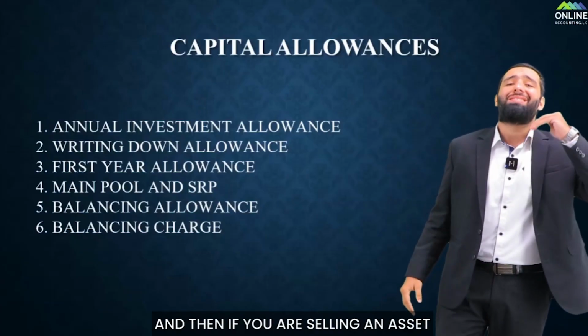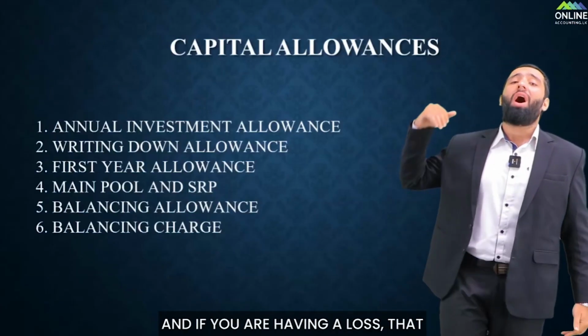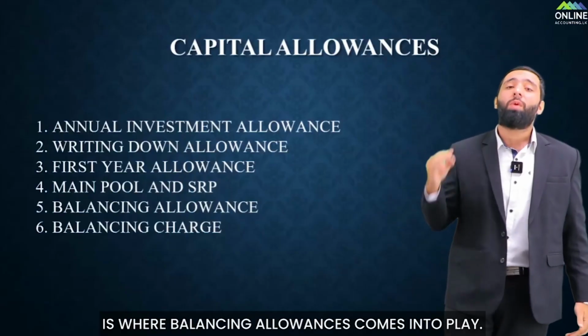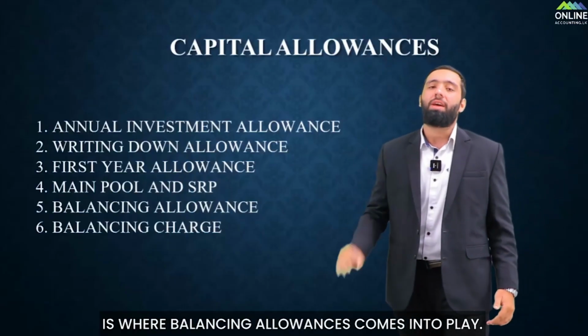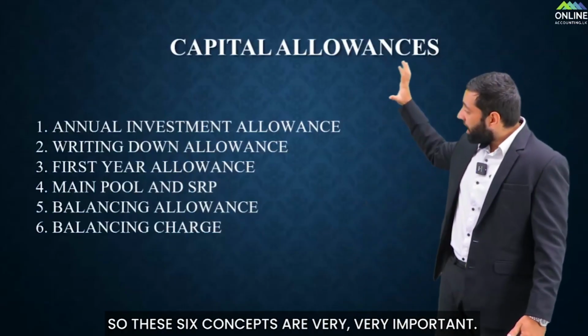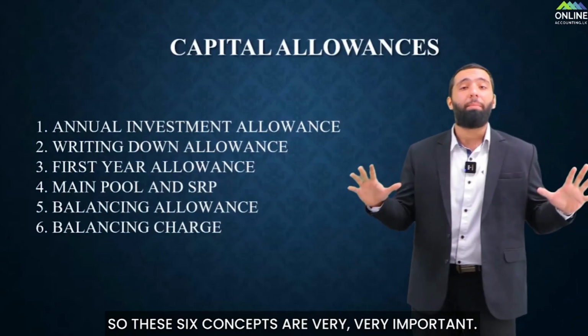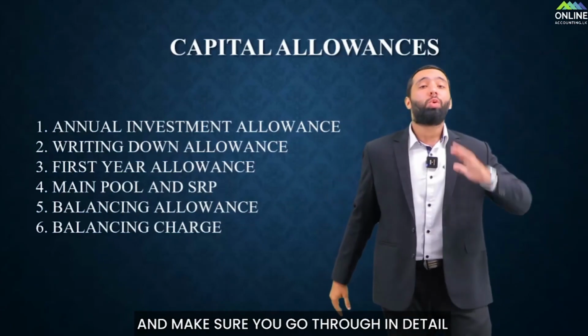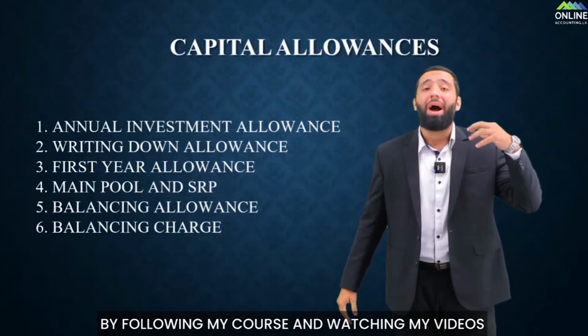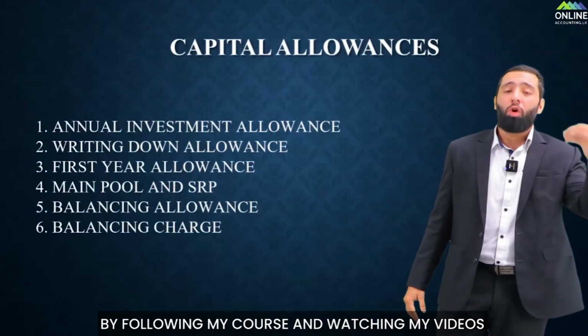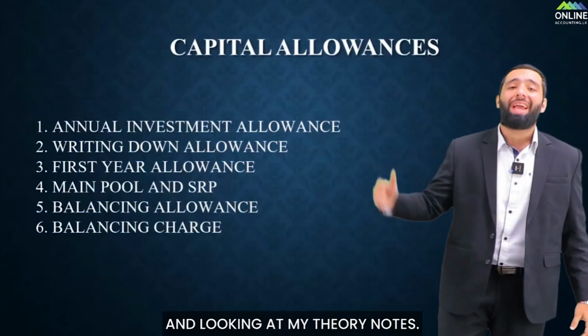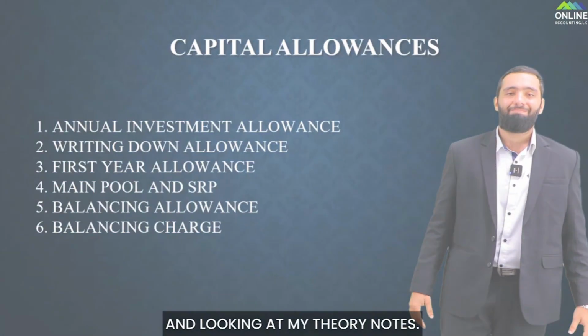And if you are selling an asset and you are having a loss, that is where balancing allowance comes into play. So these 6 concepts are very, very important, and make sure you go through in detail by following my course and watching my videos and looking at my theory notes.